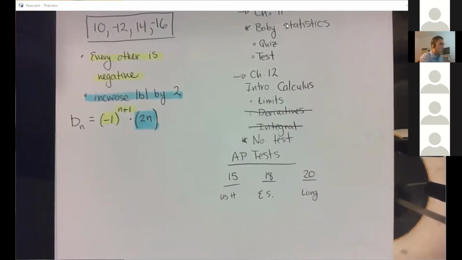Okay. Then let me go ahead and blast some days around this for your guys' benefit, because I don't want to pack anything in near those tests. So 15, 18, and 20.